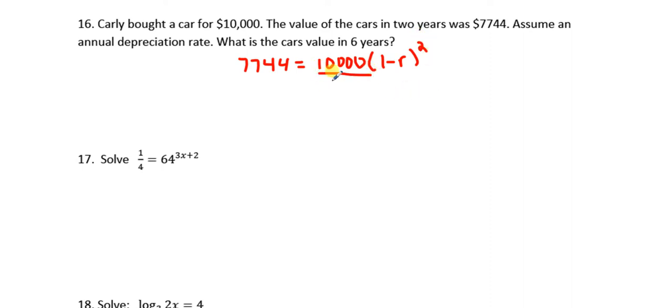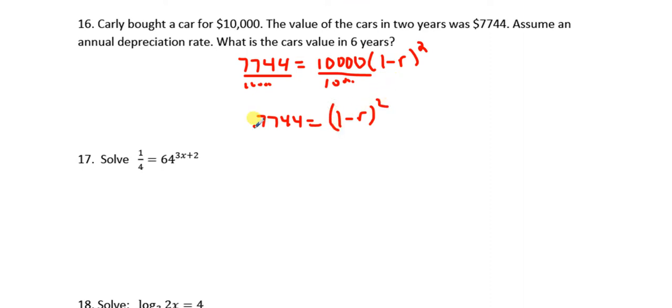The next step is to divide by 10,000 and divide by 10,000. I know that's small. And that equals 0.7744. So 0.7744 equals 1 minus r to the 2nd power.